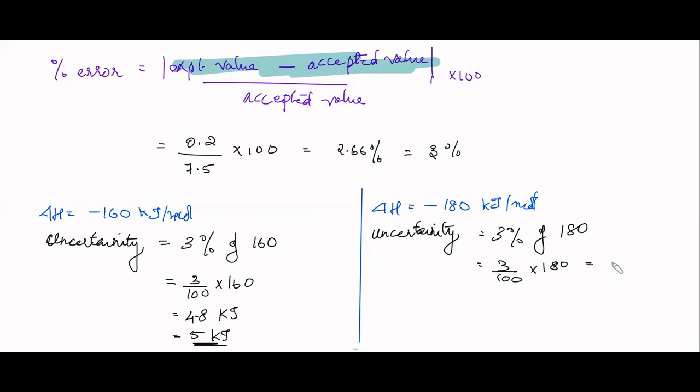This will be equal to 5.47. If I round it off, this also will give me 5 kilojoules. So now let's check the marking scheme. This is it. You may pause the video and have a look. So that's all for now in this video. Thank you.